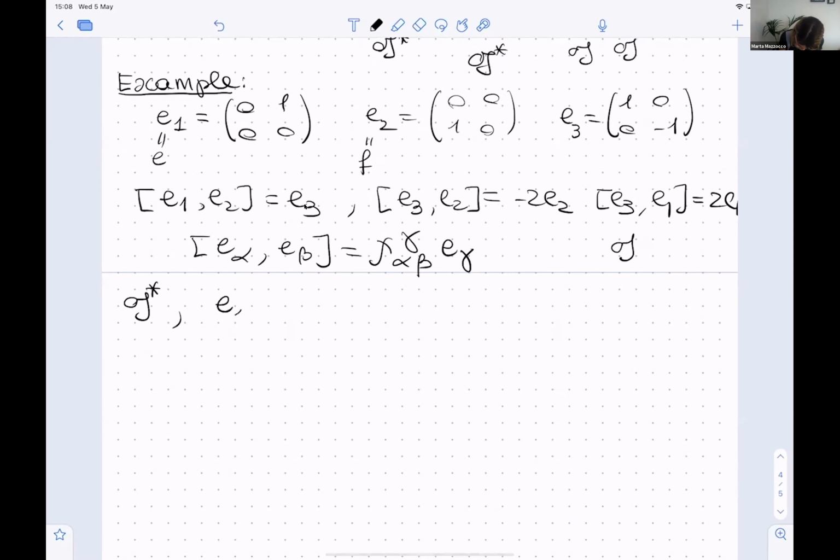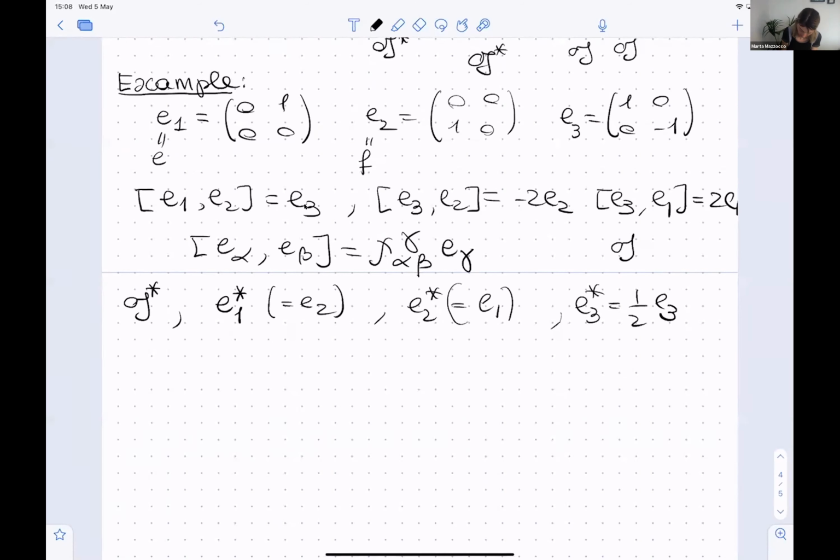So I will denote E1 star, which matrix-wise is E2, E2 star is matrix-wise E1, and E3 star is going to be 1/2 E3. This is because I want that if we compute the Killing form, the trace of E alpha star E beta, this is the Kronecker delta.